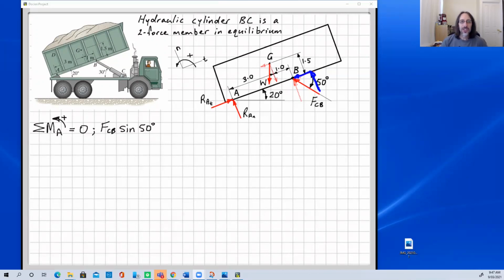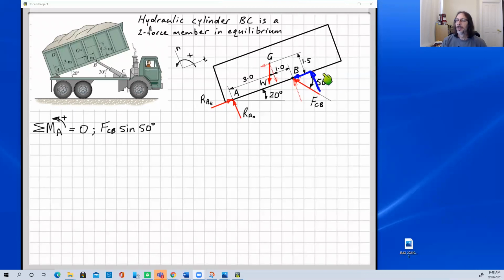Which is not strictly wrong, but it's a bit misleading, because if you've got your component shown out here, then when you're doing the moment calculation, you're looking for the distance from here to here, potentially.